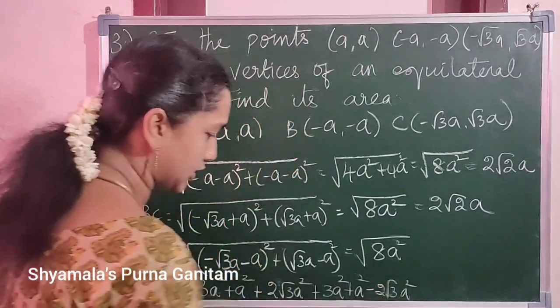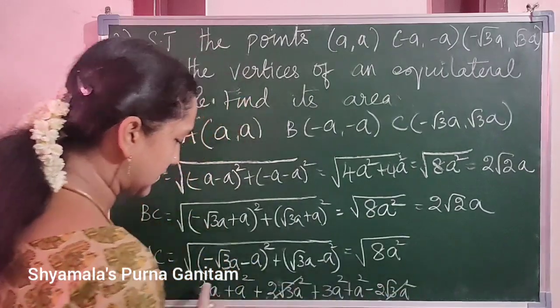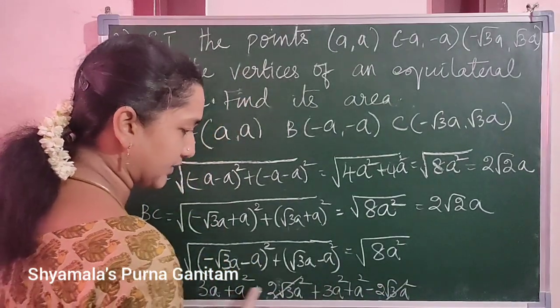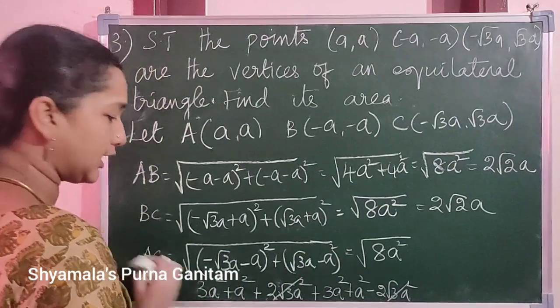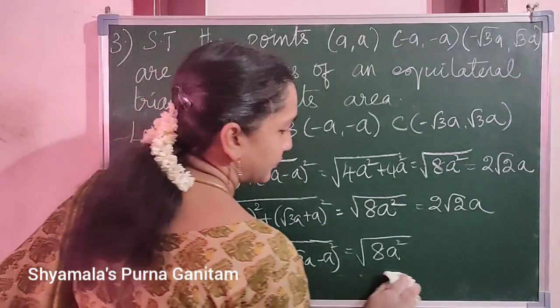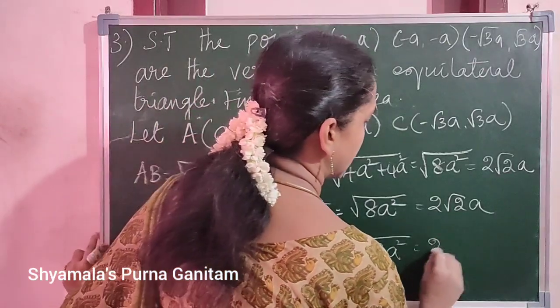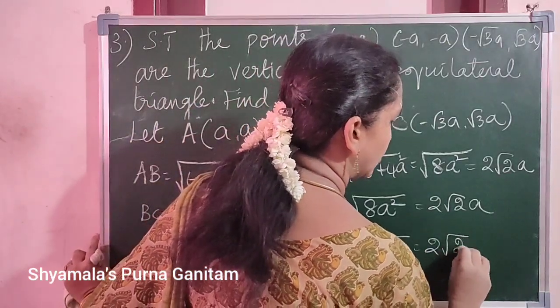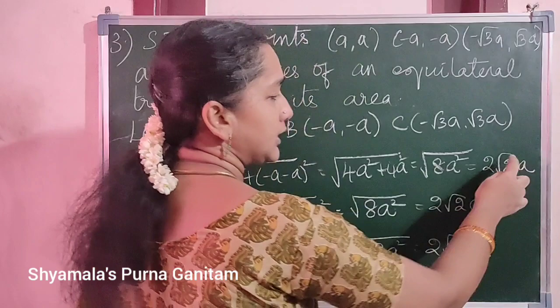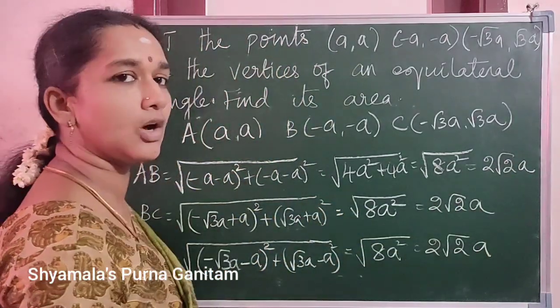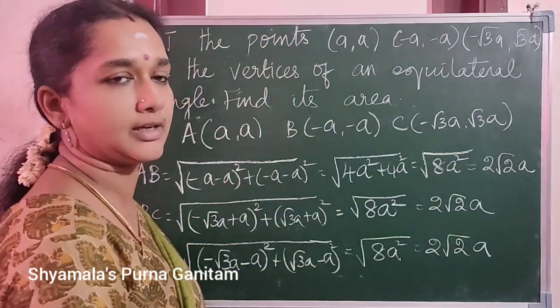The same procedure, so these two will get cancelled. So 3 plus 3 is 6, then 7 and 8. So you are getting root of 8a squared, which you can write as 2 root 2a. So we have shown that all three sides of the triangle are equal, so it is an equilateral triangle.